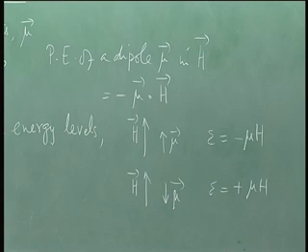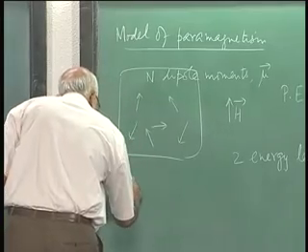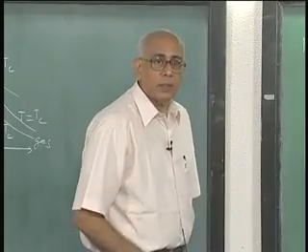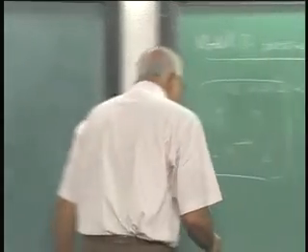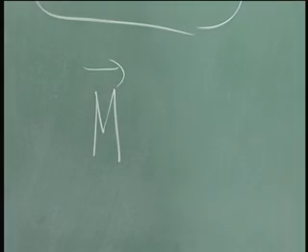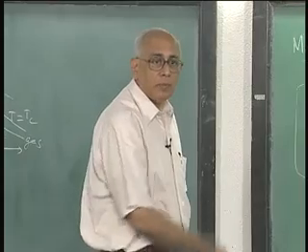What happens next? Well, we can compute the magnetization directly. So let us just do that. The magnetization M, this is the average value of the magnetization, it is a thermodynamic quantity.